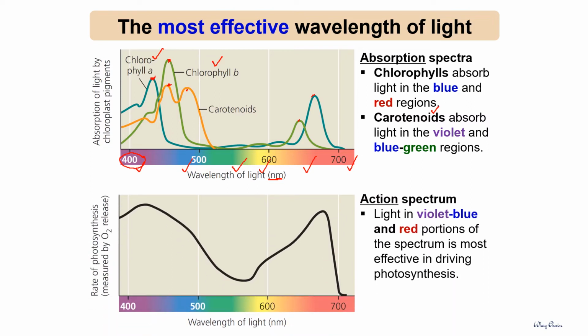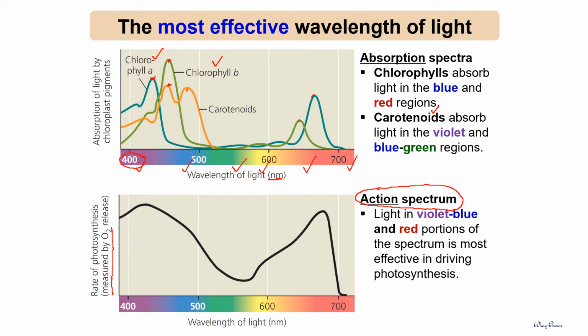After that, they studied the plant cells' activity in terms of photosynthesis. They measured the oxygen released by the plant cell when exposed to different wavelengths of light. This graph is called the action spectrum, because we study the action of the pigments in terms of photosynthesis.